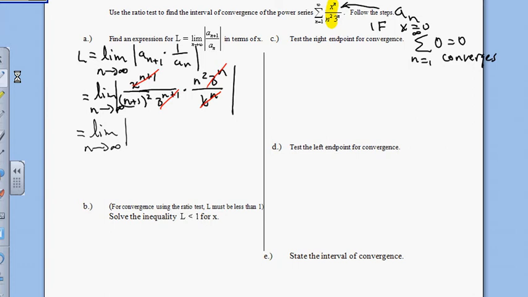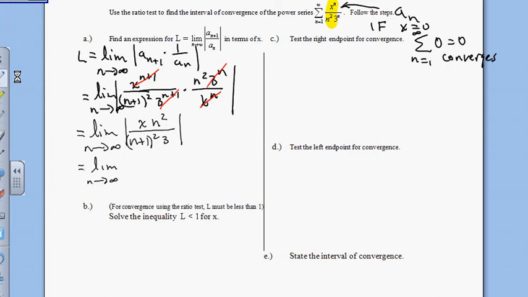You'll see that you end up with x in the numerator. There's an n squared in the numerator. In the denominator, we have an n plus 1 squared, and then there's also a factor of 3. Now, several things here. We'll take them one at a time.